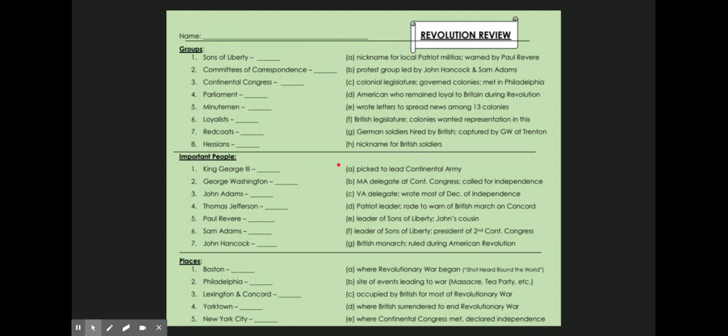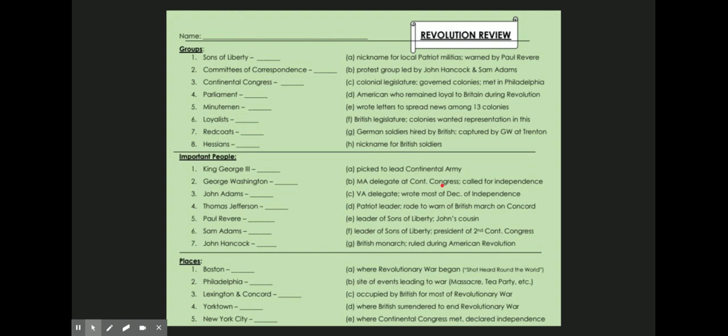Let's see if there's anything else on here that you need to know. These ones you should all know. Down here, the only ones on the bottom, the places. If you do not know where C, occupied by British for most of the Revolutionary War, that's going to be New York City.